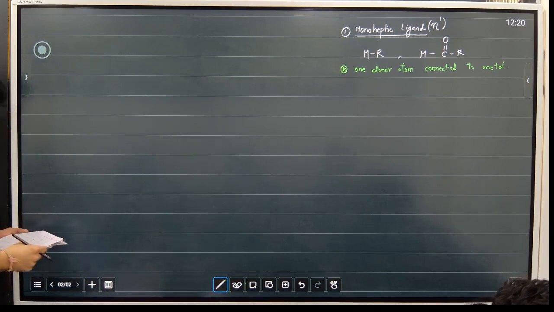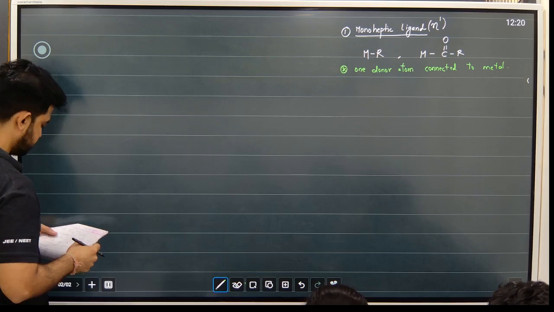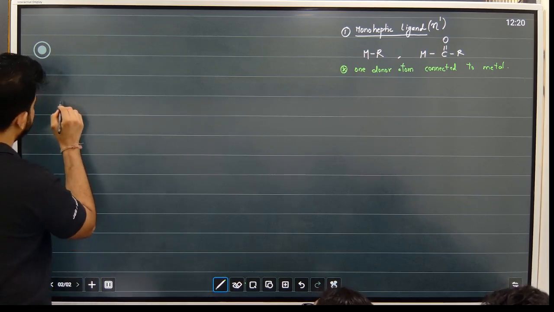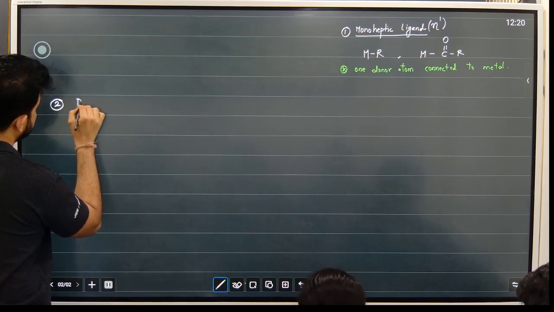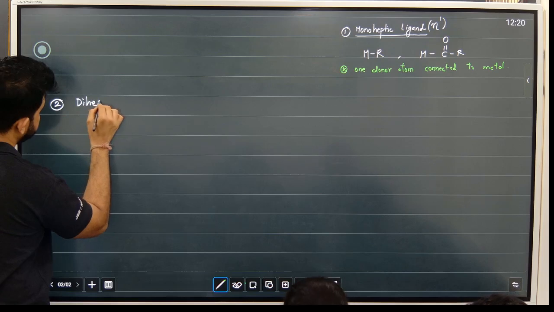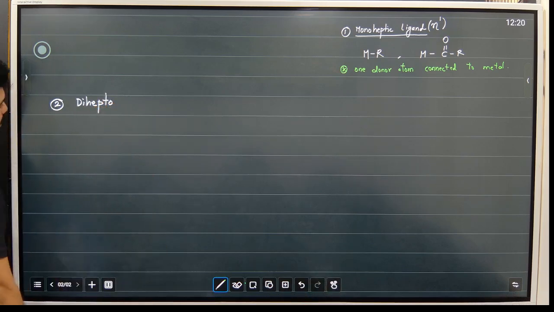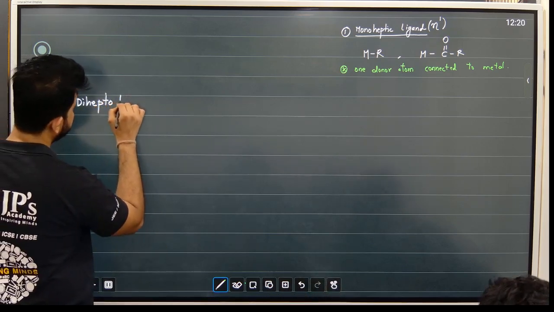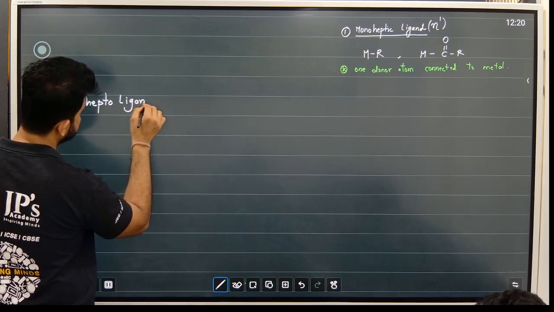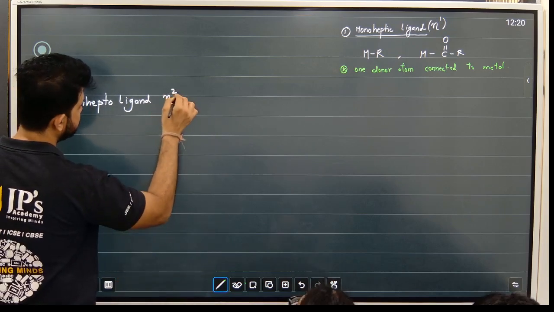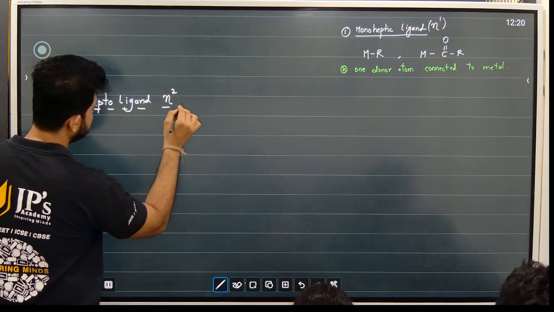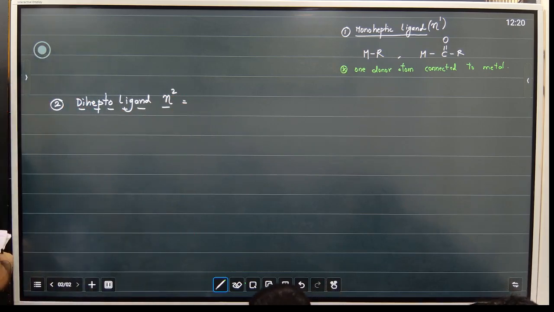Next, write down dihaptic, this is also called dihapto ligand, where eta will be 2. So we have 2 donor atoms attached.